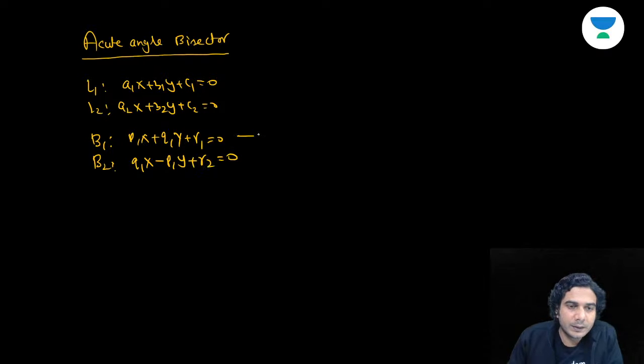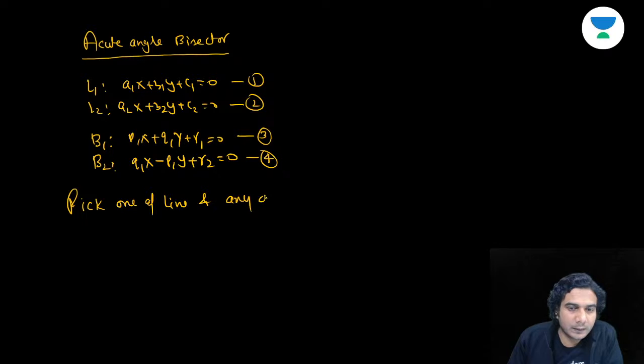So this is line number 1, line number 2, bisector number 1, bisector number 2. Now pick one line and any one of the bisectors. Let's say I have picked line L1 and bisector B1.